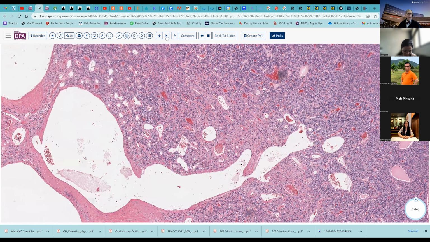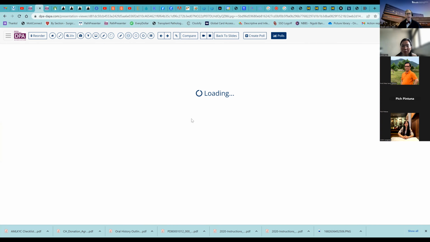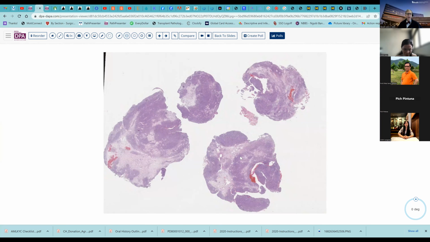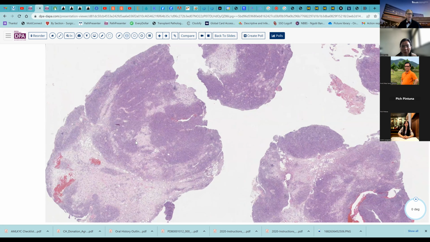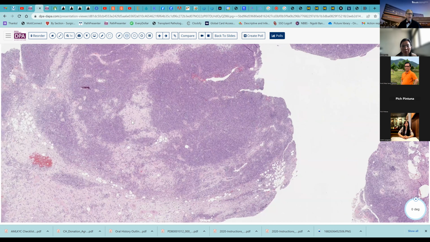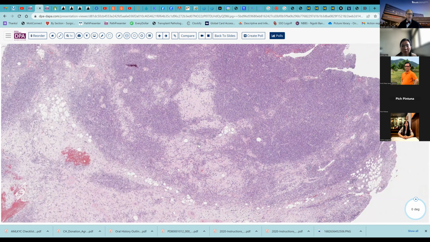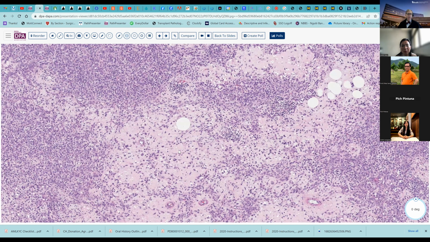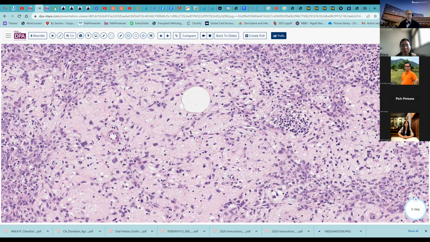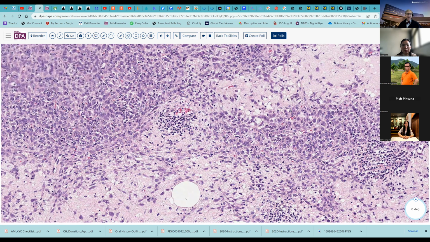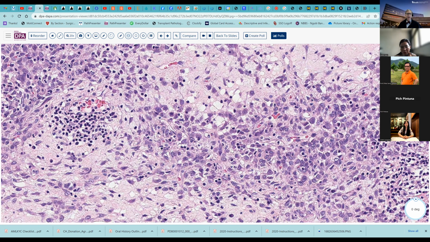Because there's so many different patterns, I've pulled in a number of cases to look at, and this is one which is quite different, but as you see, shows this variability, nodularity, and so forth. Some people say that the kind of dense, ropey collagen is helpful. This case doesn't particularly have that, and in fact, it looks almost a little bit epithelioid.